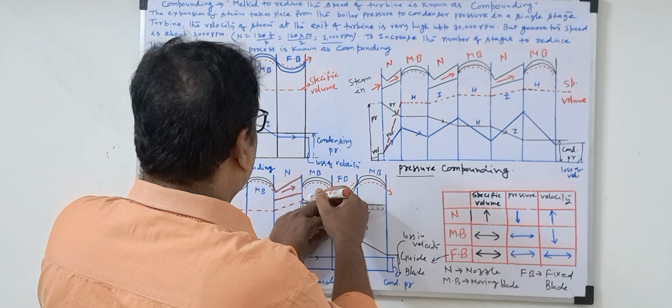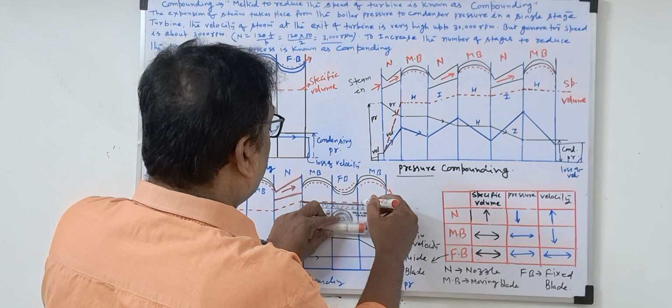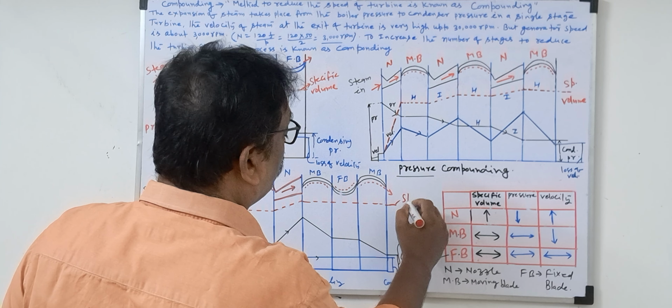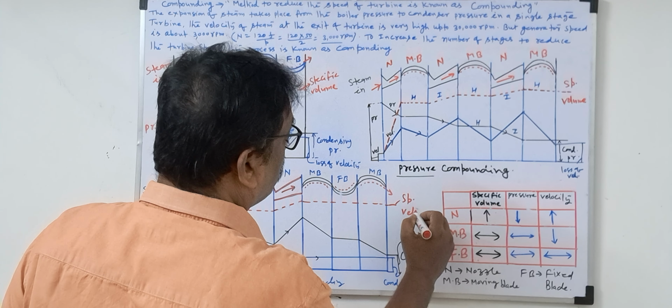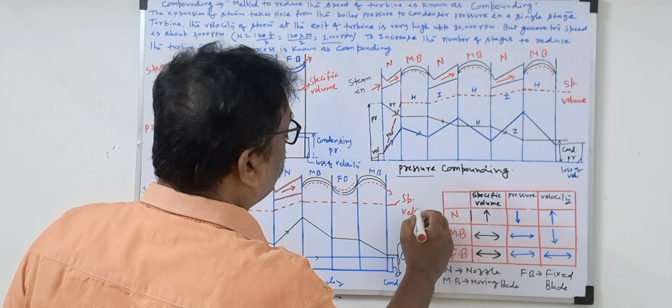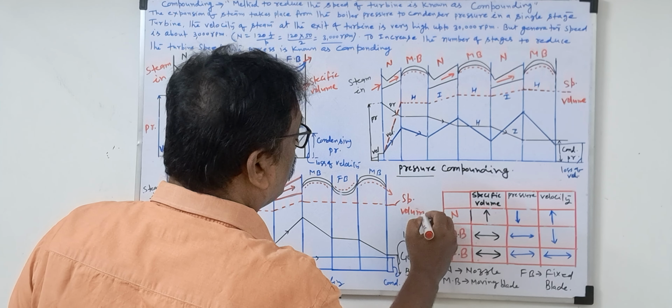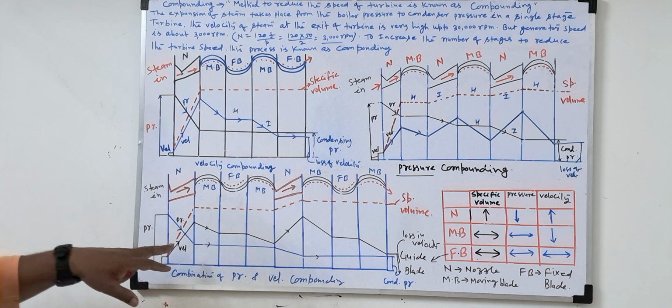Now again, in the moving blade and fixed blade, it will remain the same. So this is the specific volume. Here what did I see?